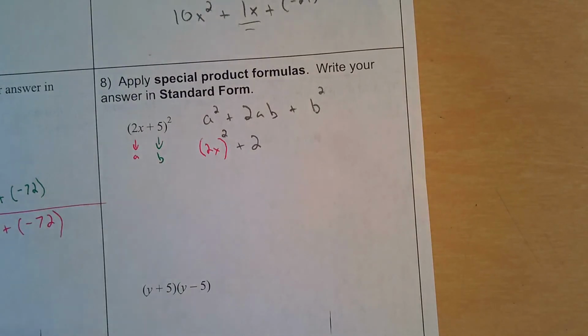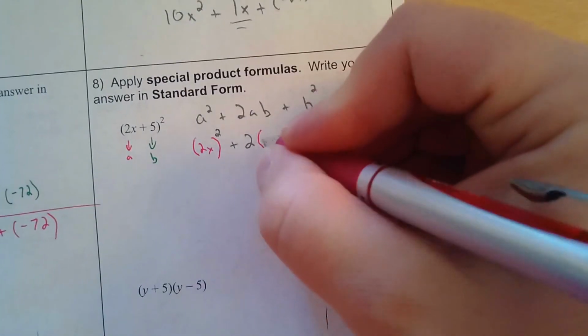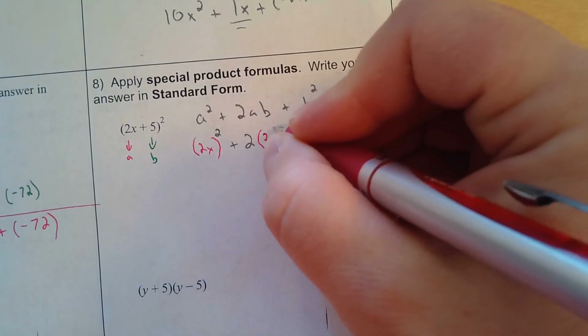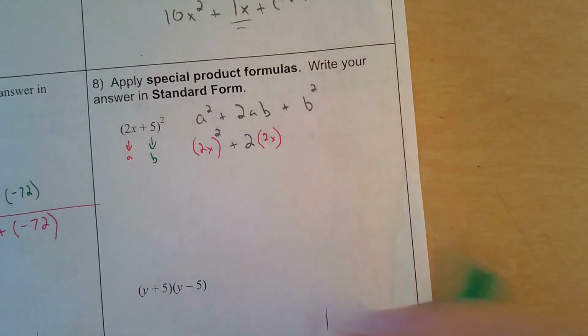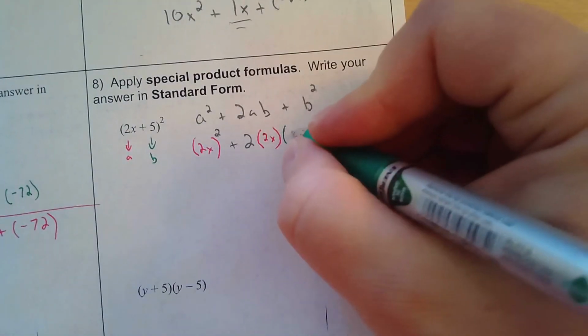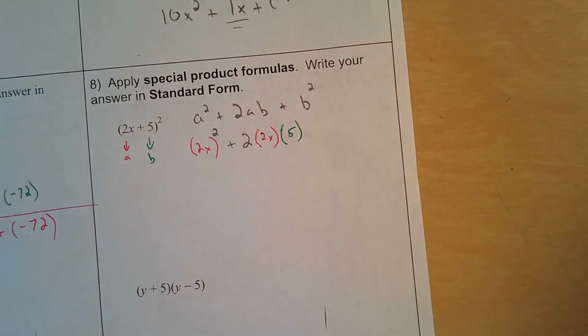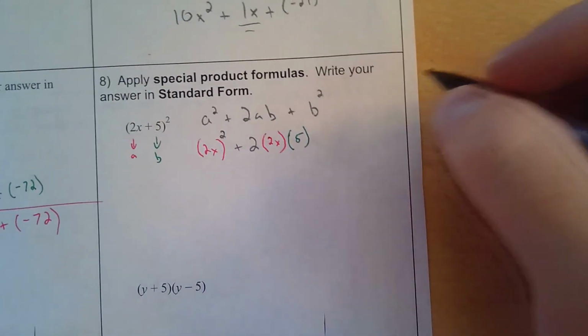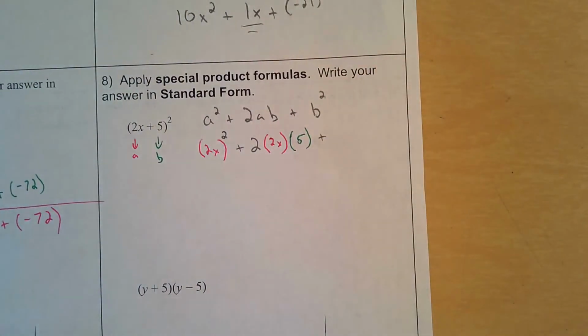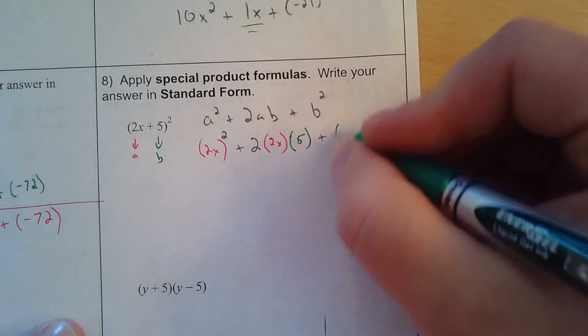And we're going to multiply that by a, which is 2x. We're going to multiply that by b, which is 5. Then we'll add our b squared.